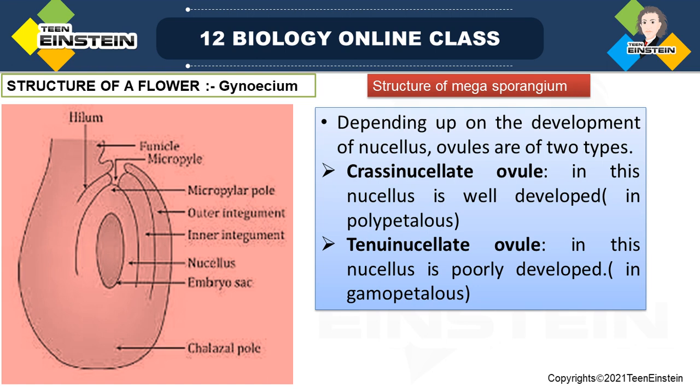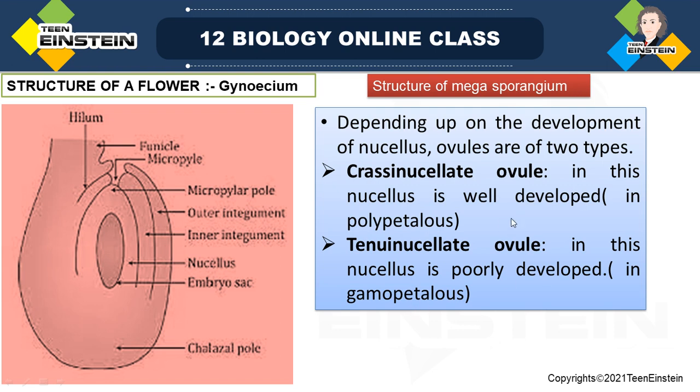Note down what is crassinucellate. Depending upon how the nucellus is developed, ovules are of two types: crassinucellate ovule and tenuinucellate ovule.